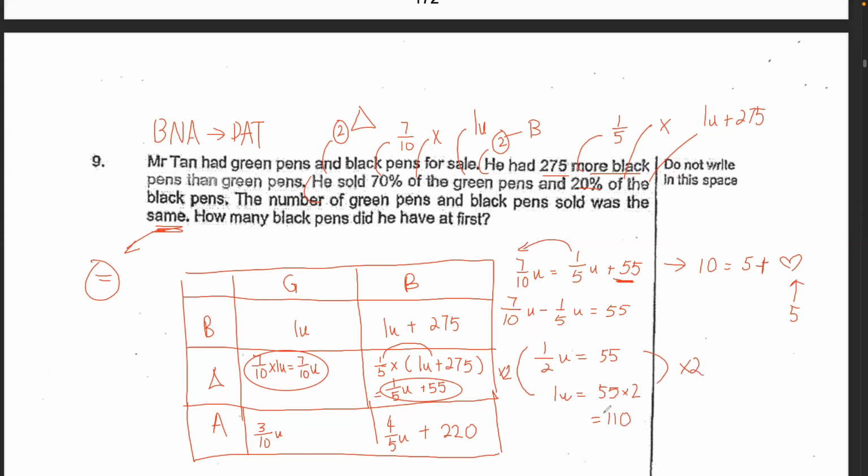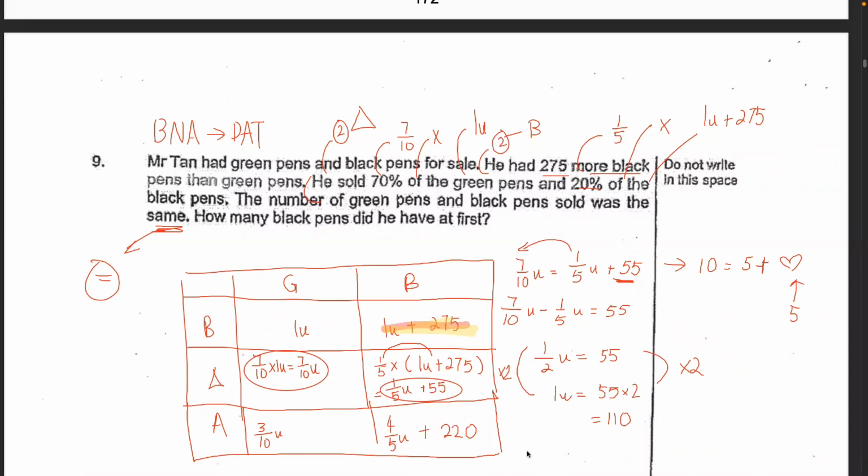Now the question says, how many black pens did he have at first? When I see the words at first, I know that means before. So I am actually looking at this one over here. Can you see that? So what I want to do is simply 1 unit plus 275, because that is my black pens.